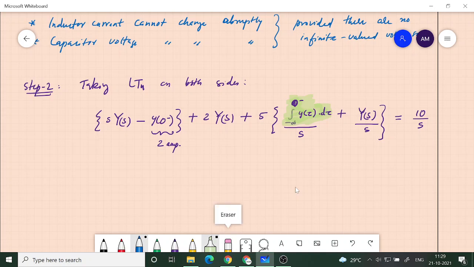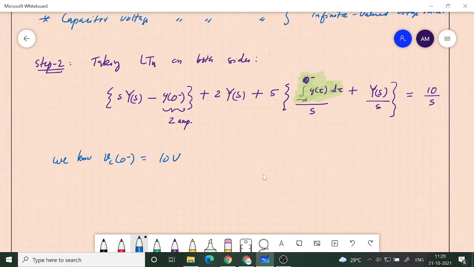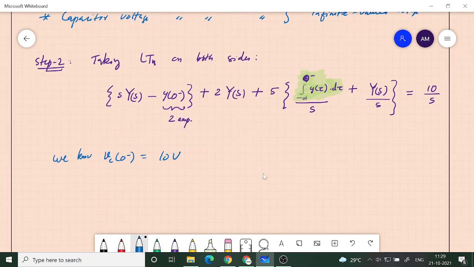We know Vc of 0 minus, right? Vc of 0 minus, that is 10 volt, you said. Now what is Vc of 0 minus? It's basically 1 by C integral from minus infinity to 0 minus y of tau d tau.